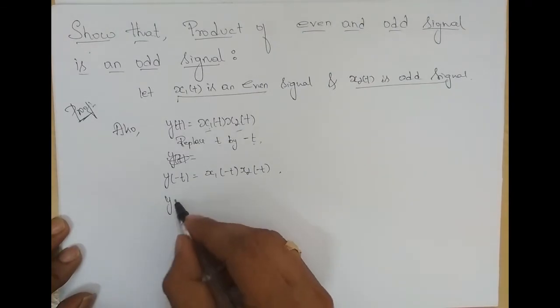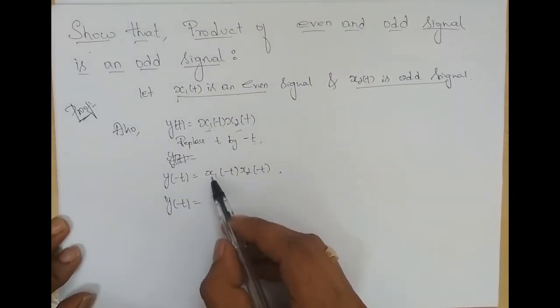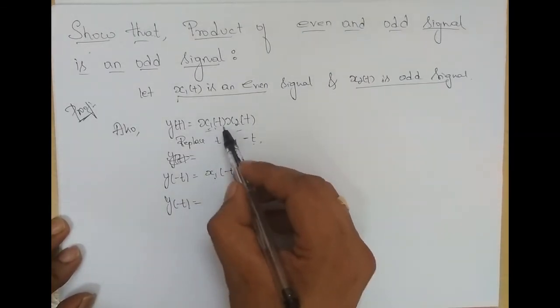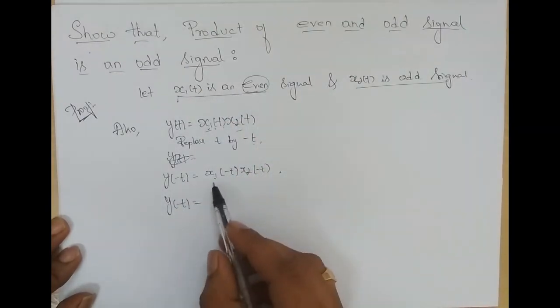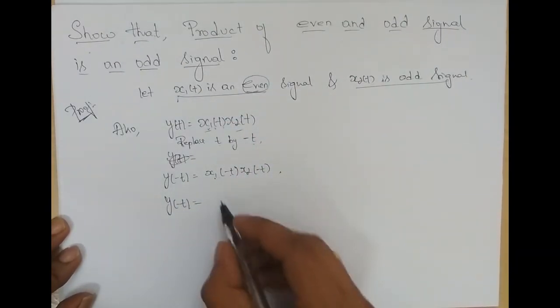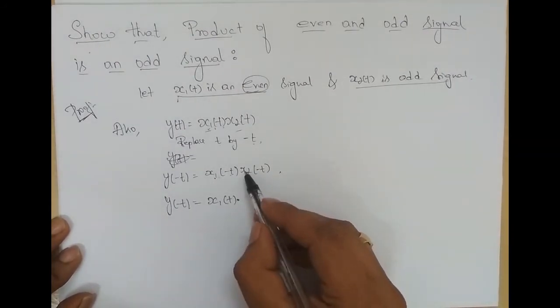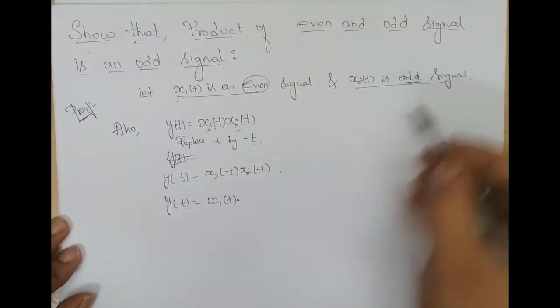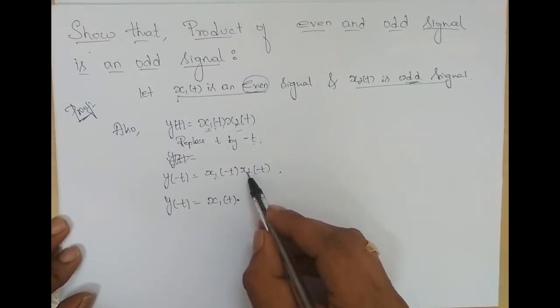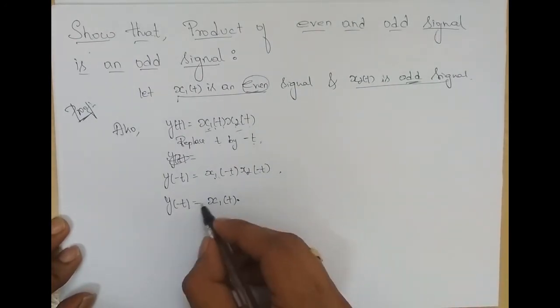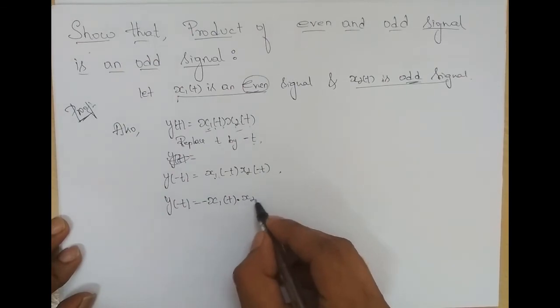Okay, so y(-t) is equal to what? x1(t) is an even signal. So what is the condition for an even signal? x1(-t) is equal to what? x1(t), right? Into, what is x2(t)? x2(t) is an odd signal. What is the condition for x2(t)? x2(-t) is equal to what? Minus of x2(t), right?